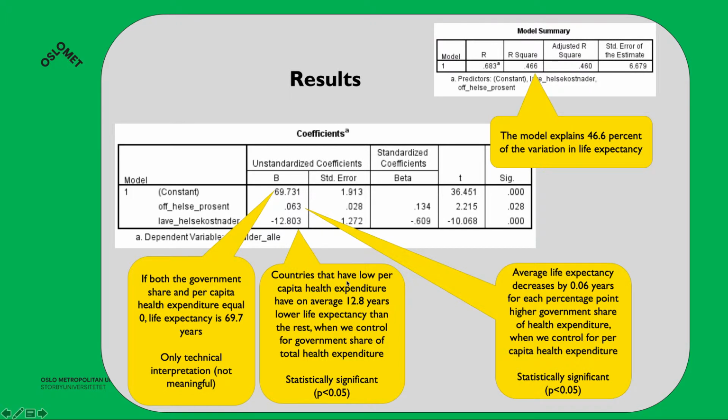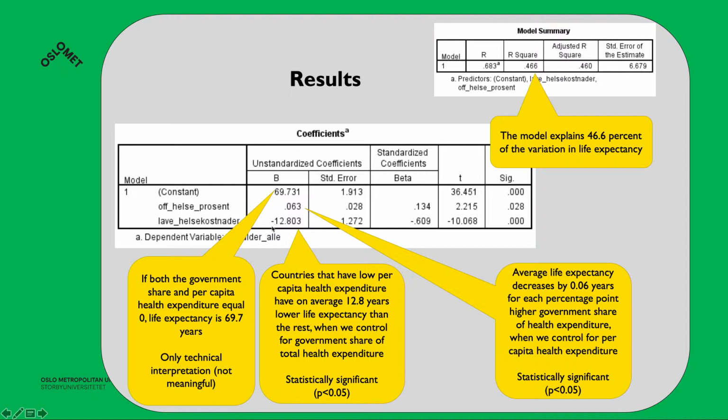But countries that have low per capita health expenditures have on average 12.8 years lower life expectancy than the rest, the 75% that uses more on health than these 25% that uses the least.